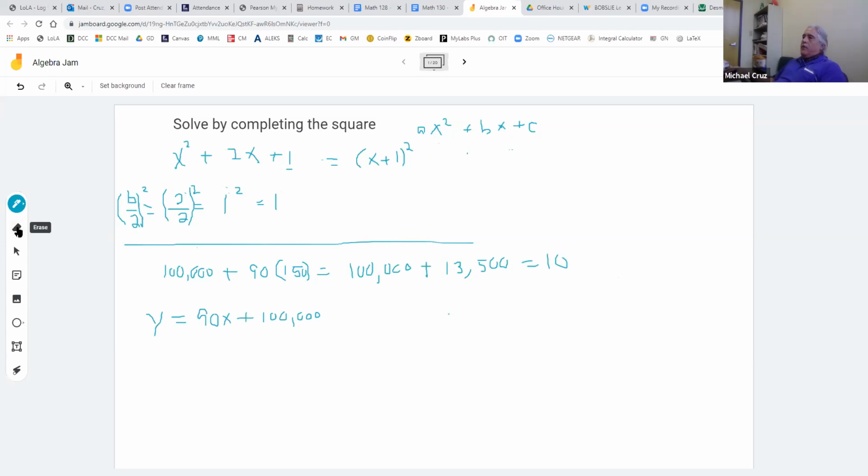It's 113,500. So it would cost $113,500 to produce 90 bicycles. They don't give you the function, but I'm just showing you that's what it would be, because you don't really even need it to do that.